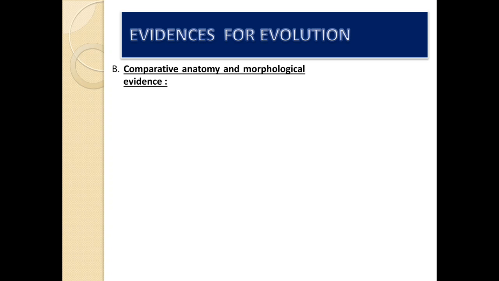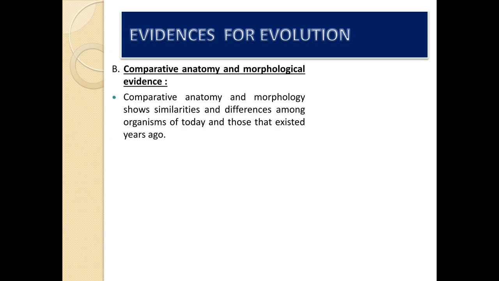So how can we compare the structure that is present today, the structure with which an organism is present today, and the organisms that have been present years ago? Years back some organisms were on the earth and today some are there, so there will be a comparison between them. Clear? So that is comparative anatomy and morphological evidence.